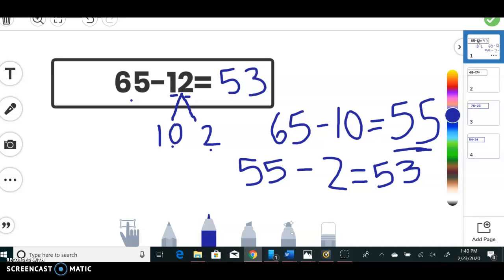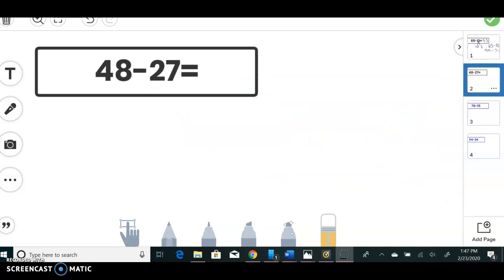Okay, now you're going to try one with me. Get your whiteboard and your whiteboard marker ready. Here's our next problem. 48 minus 27. We are trying to find the difference of 48 and 27. Okay, write this problem down on your board in 5, 4, 3, 2, 1.